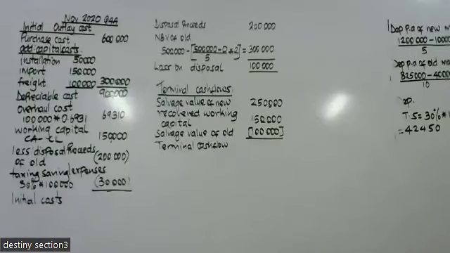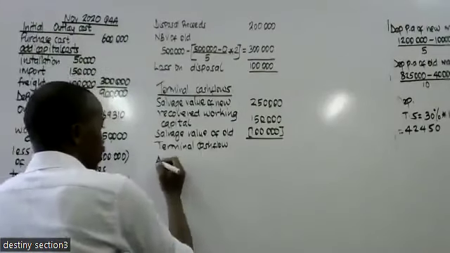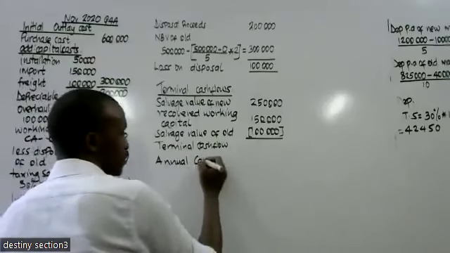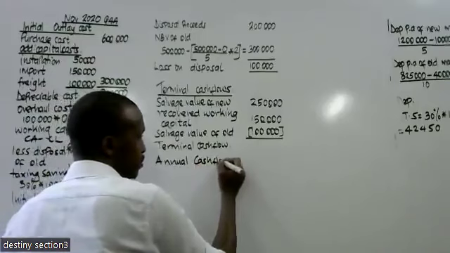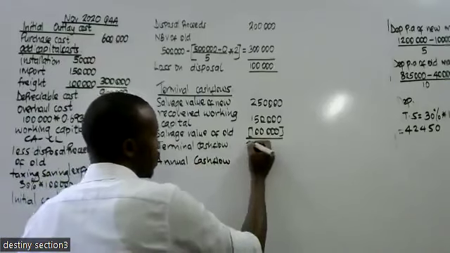So get for me that the next step we said is you get your what? Your annual cash flows. Annual cash flows.